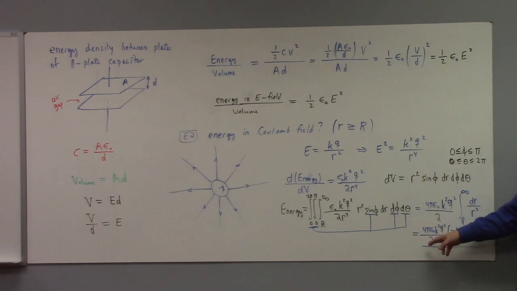Okay, hey, what do you know? Apparently the energy in the electric field outside the radius r is finite. We could rewrite that. The 4 pi epsilon naught and the k cancel, right? Because 4 pi epsilon naught times k is 1. So these cancel and just leave me a k.